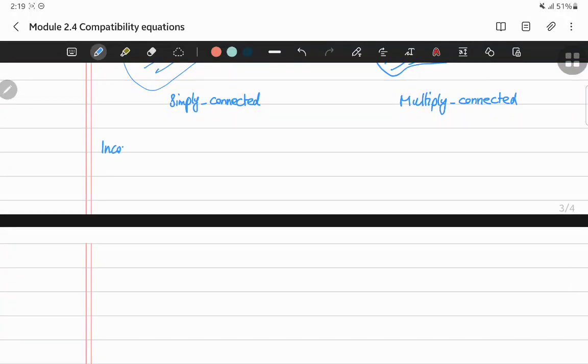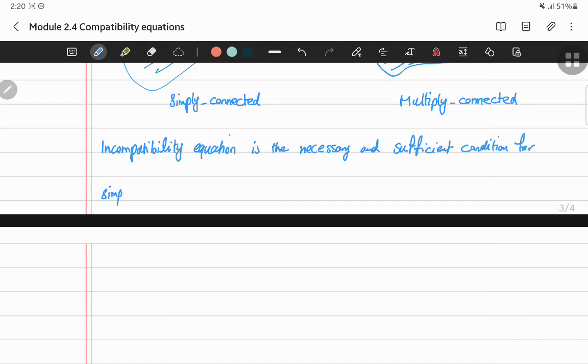So the incompatibility equation is the necessary and sufficient condition for simply connected domains.